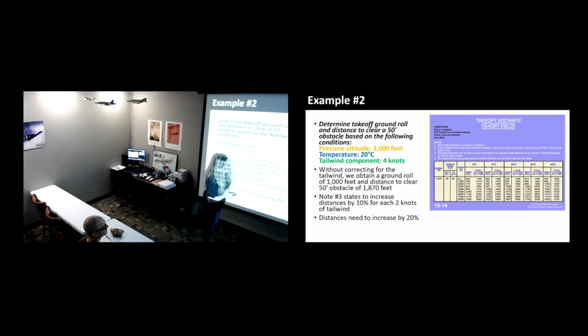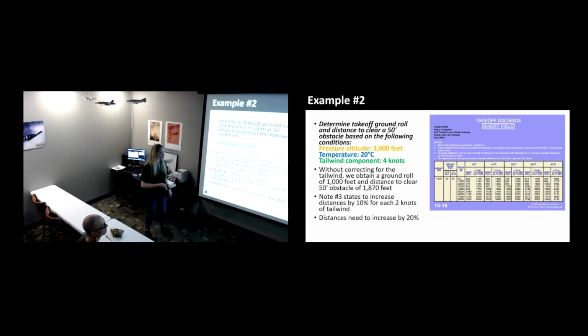So it doesn't say on here because it's just a calculation, but if you were to flip through the POH for this plane, it would give you a short field takeoff procedure, like how you should do a short field takeoff in this airplane, and it would specify what to do. It's probably VX, but that doesn't matter for the test because you're not actually going up and flying. You're not going to be asked that.